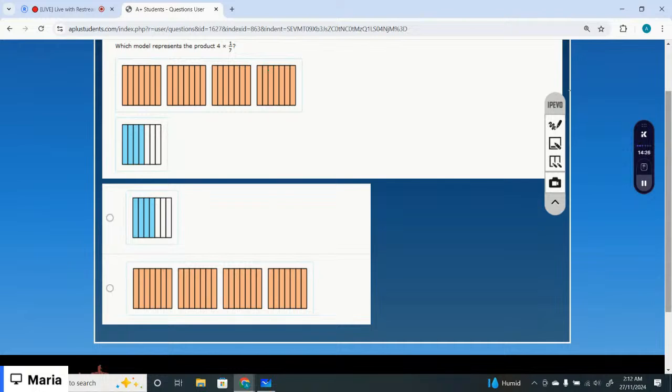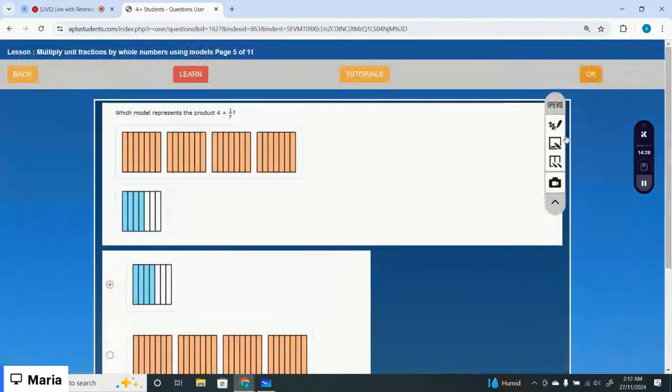Very good. Option number 1 is the correct option. Okay, you can complete the lesson by yourself later today. Let me just move on to the next lesson.